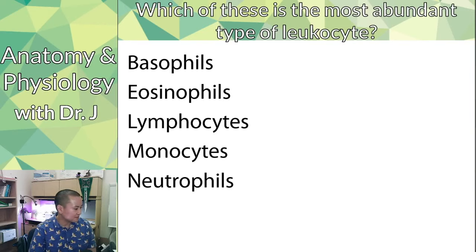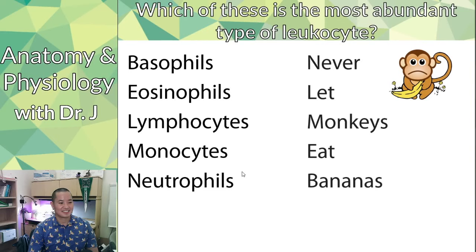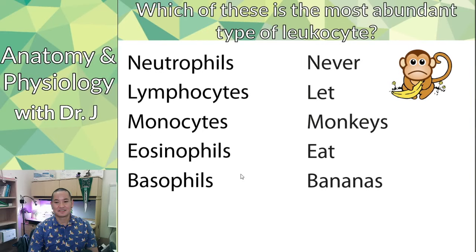Who remembers this? Which is the most numerous? There was a mnemonic I did cover. Remember this mnemonic? Yeah, neutrophils. So neutrophils are the most abundant type of leukocyte.